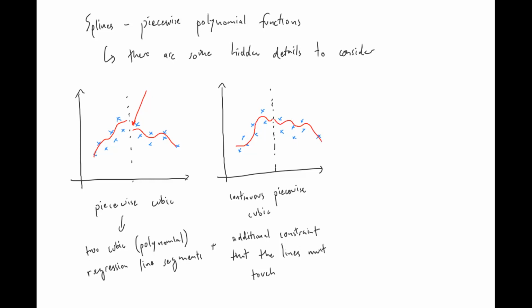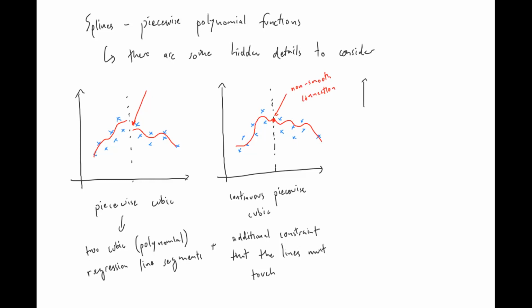So now the lines connect, but they are a non-smooth connection. So in other words, typically you're going to observe a kink at the breakpoint.